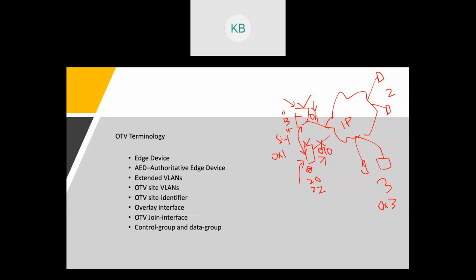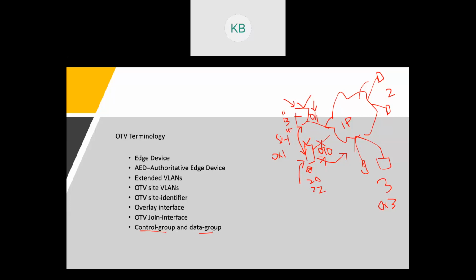Whenever this device sends the IS-IS hello packet, it should be delivered to all those sites, all those edge devices. So they all need to listen to one particular group, and that is what is called the control group. We can define that when we configure it. We will take a look at that in detail, but this is something that is manually coded.